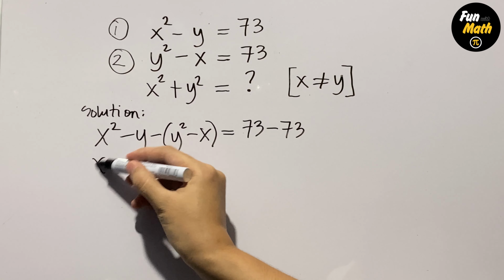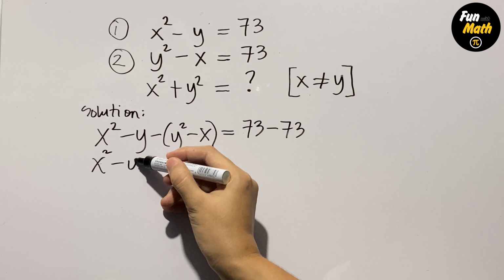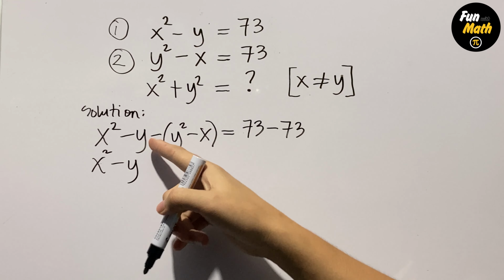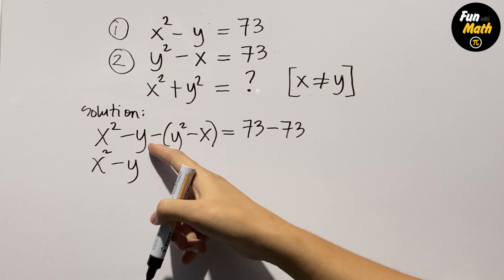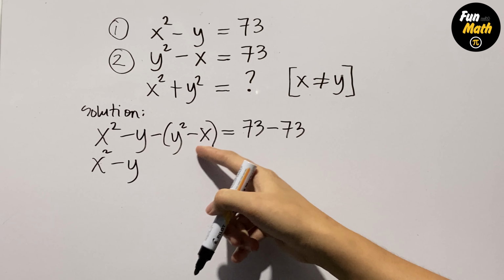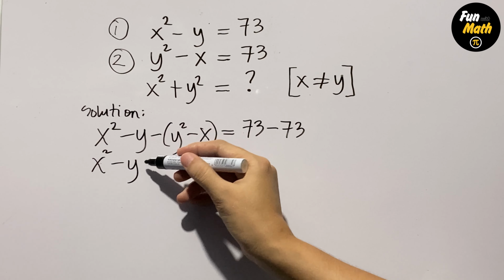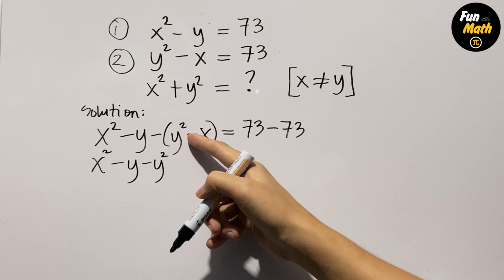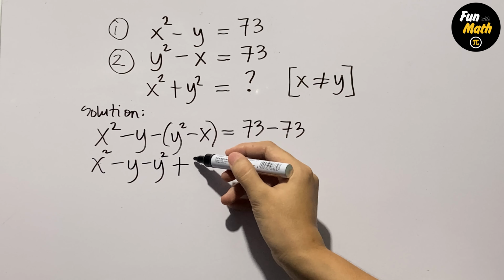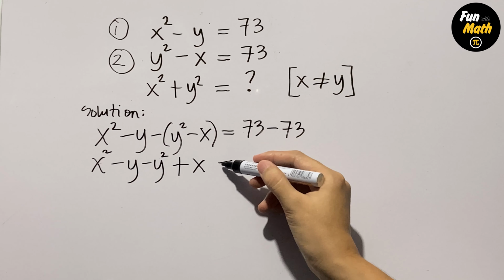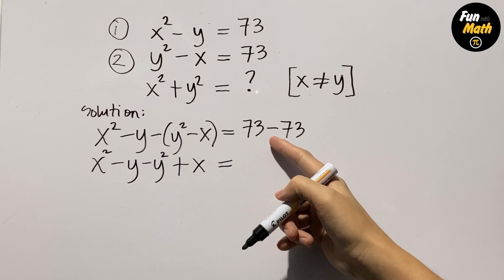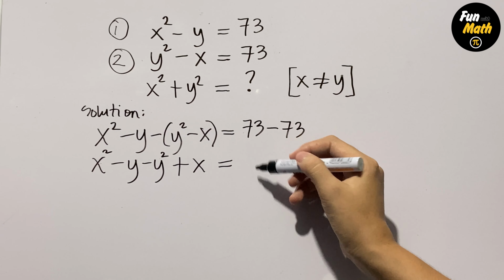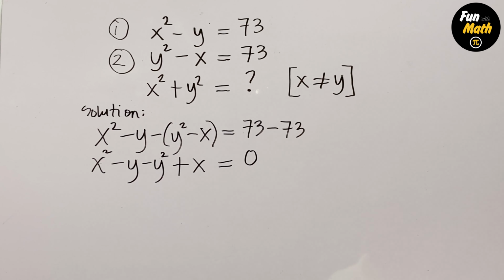Next, x squared minus y, and then this negative sign, we are going to multiply it to the inside. And that is negative y squared. Negative times negative x, that is plus x, equals 73 minus 73, that is equal to 0.